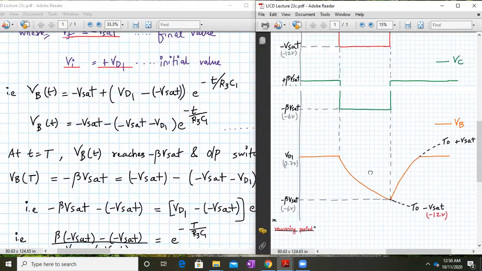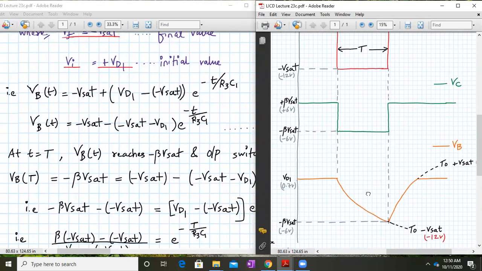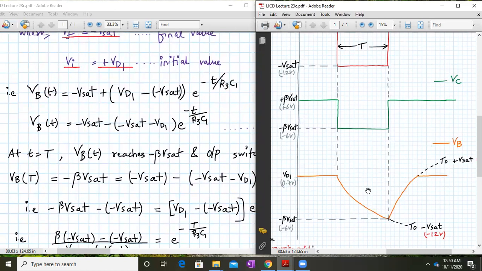Now, from these waveforms, at small t equal to capital T, which is the period over here, Vb of t reaches a value minus beta Vsat. As you can see in this waveform, this is the point which we are talking about over here, right? So whenever the time reaches the capital T time period, over here we can see by the dotted line we are reaching over here.